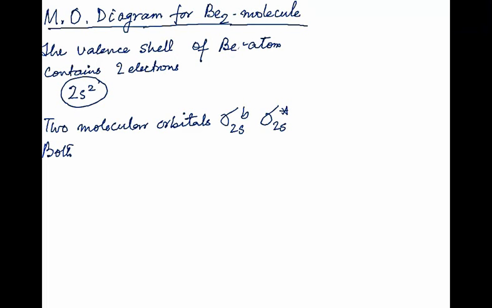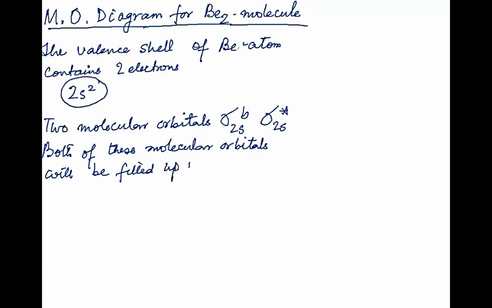Now both of these molecular orbitals will be filled up with electrons, because there will be a total of 4 electrons that need to be distributed.